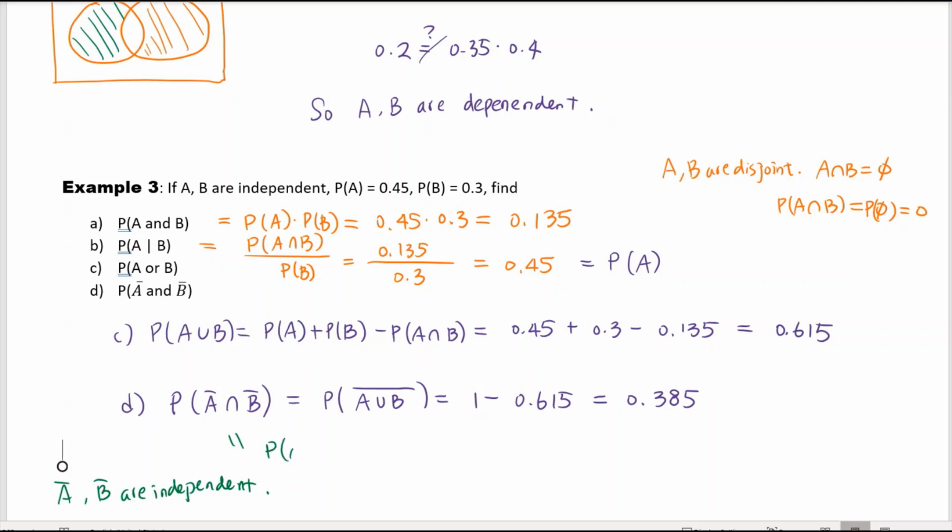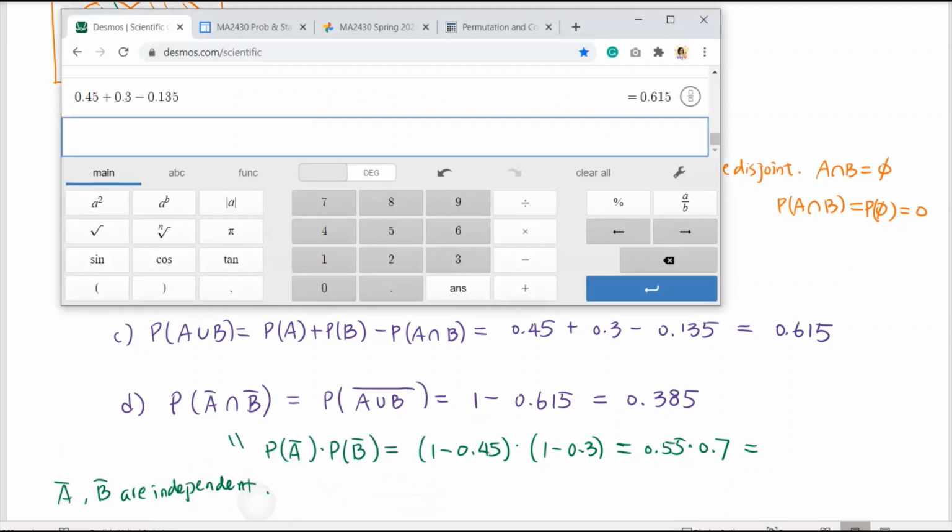So this guy is P of A complement times P of B complement. P of A complement is 1 minus P of A, which is 0.55. P of B complement is 1 minus 0.3, so 0.7. 0.55 times 0.7. Let's see. Do we have the same answer?